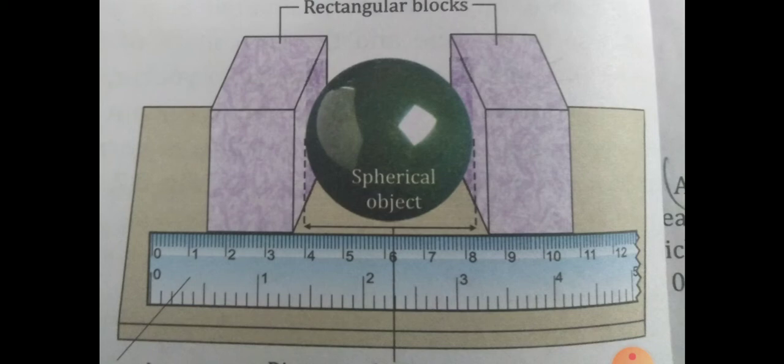So, children, see here. How can I measure the diameter of this ball by using this scale? Here you have kept two rectangular blocks like this. In between, you will put the ball. Now the ball is in a constant position.